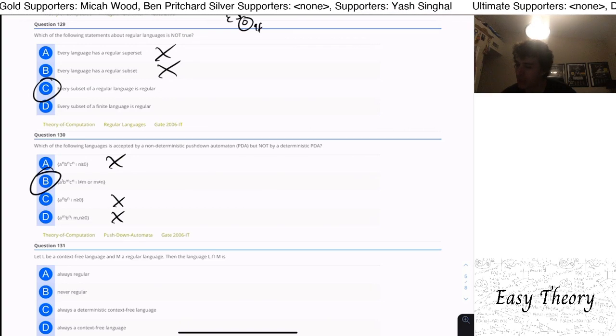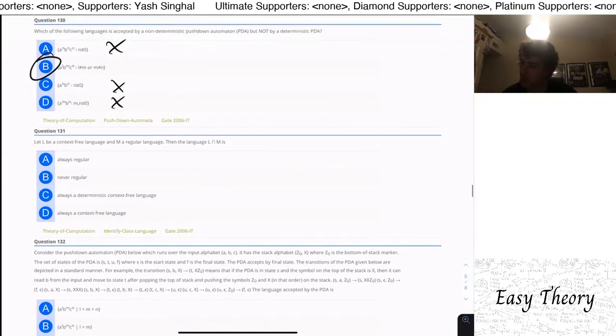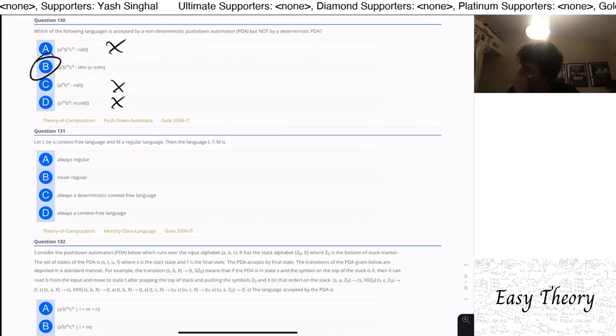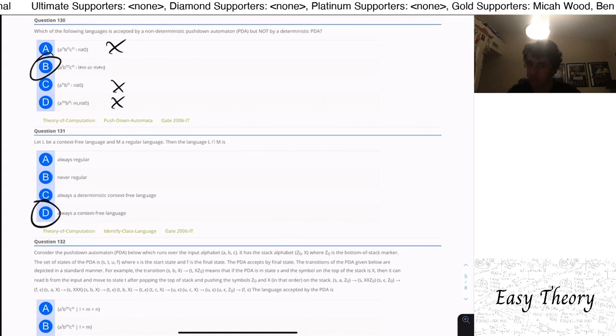So it must be B, because it's part of the complements of ADN, BDN, CDN, which is used to show that these two models are not the same. Easy. It'll be a context-free language. Then the language is always a context-free language. So that one's easy.